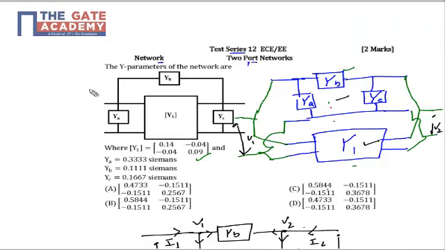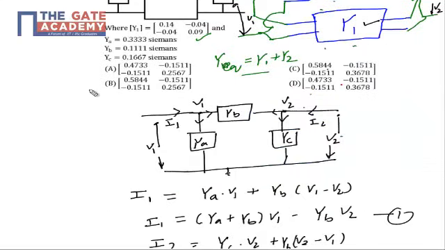Then my circuit is basically a parallel combination of these two networks, and we know that if two two-port networks are connected in parallel, their equivalent Y parameter will be the sum of their individual Y parameters.